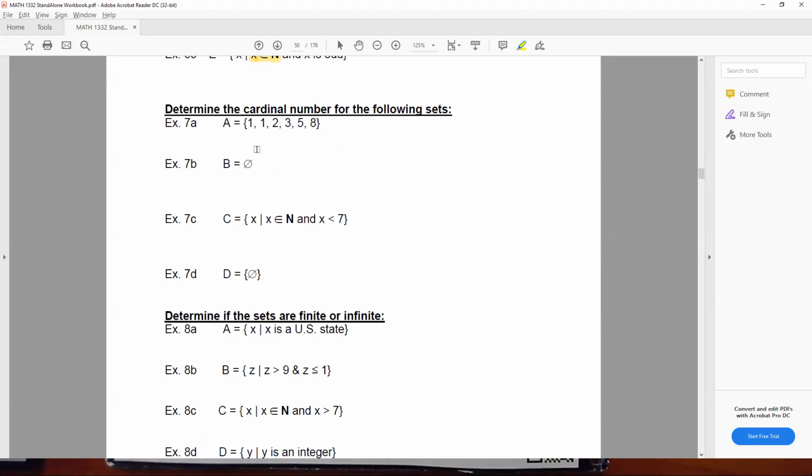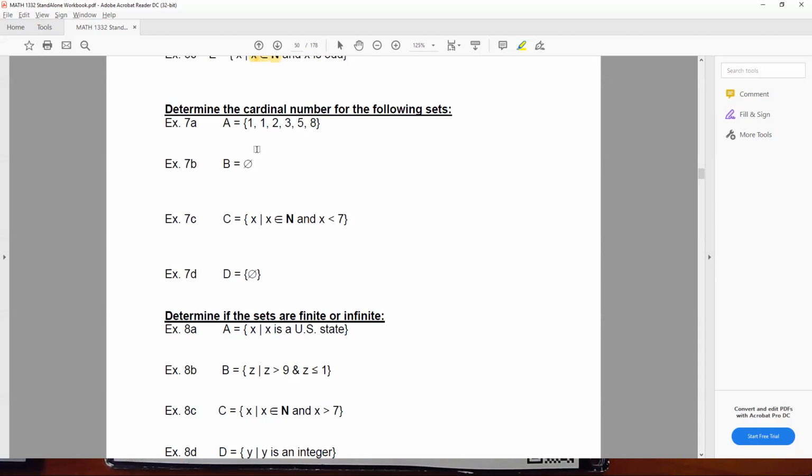If you repeat yourself, you don't count it. See how they have 1 twice? That's only one element. It's kind of like if you created a set for all the people in this class and you put the same guy 20 times, that's not different people, right? So you don't count that. So we only have 1, 2, 3, 5, 8.